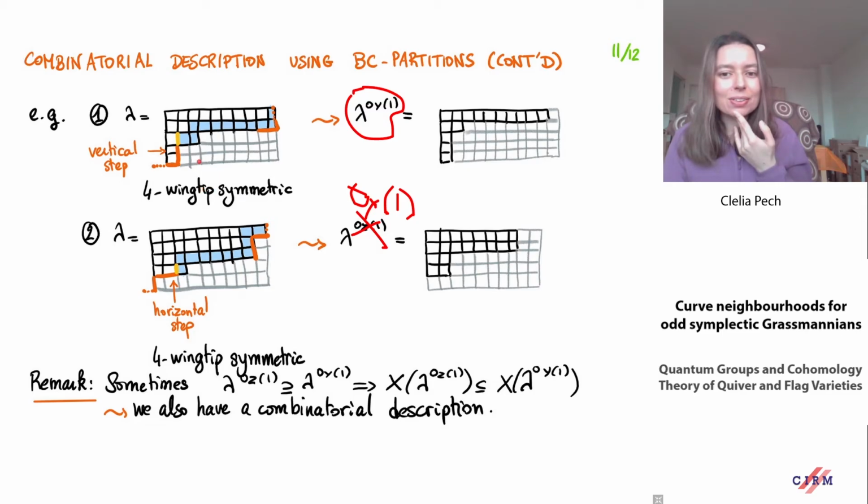So in that case, the other component has a larger dimension. But that's not always the case. I think it really depends.